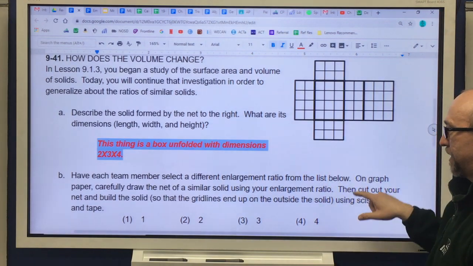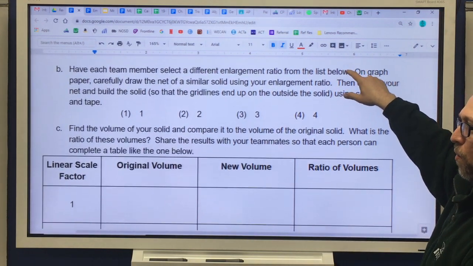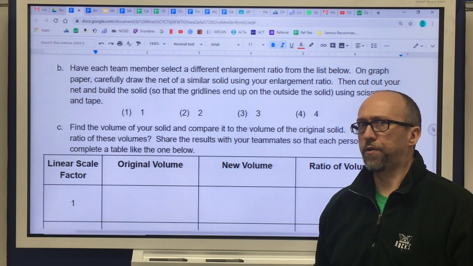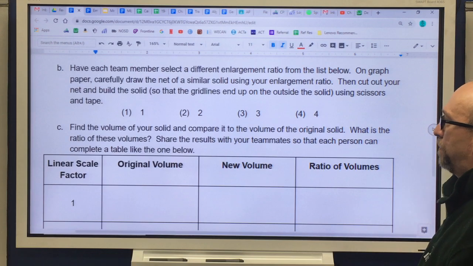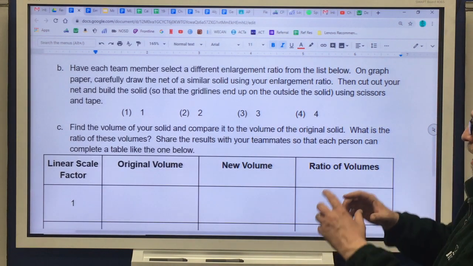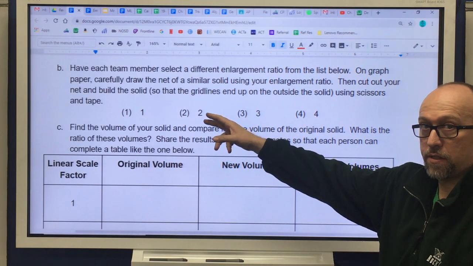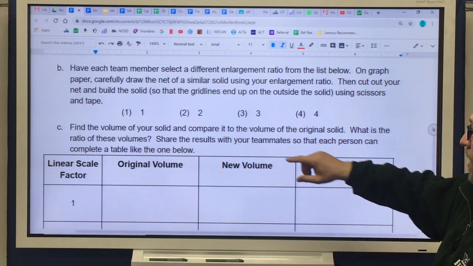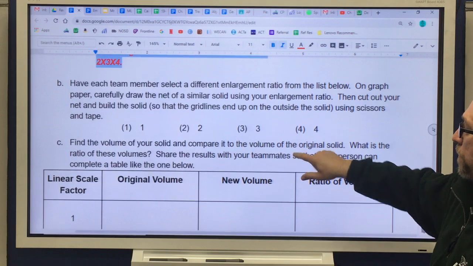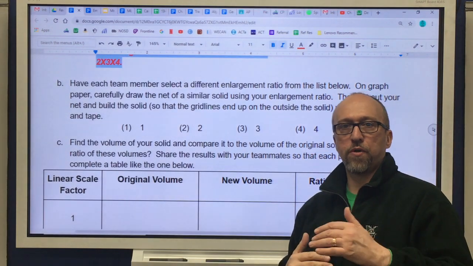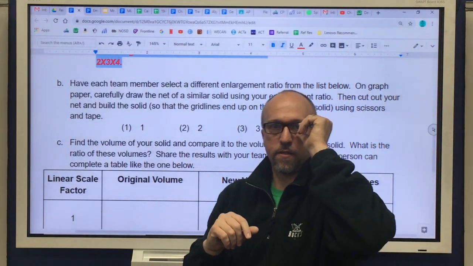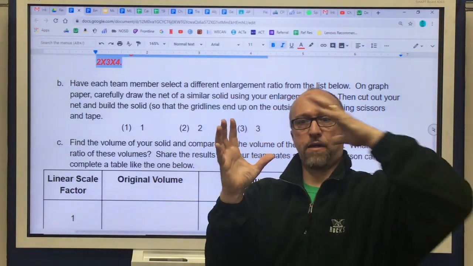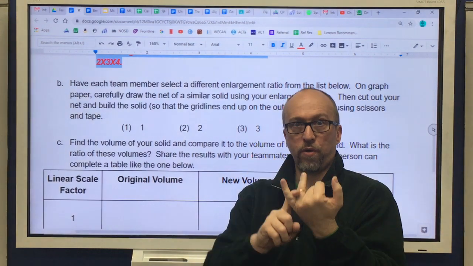All of this is a study on, well, what happens to the volume when I double the dimensions, when I triple it, when I quadruple it? I hope you remember how we did the ratio when we were talking about polygons. If I took a triangle and doubled its dimensions, what did that do to the perimeter?